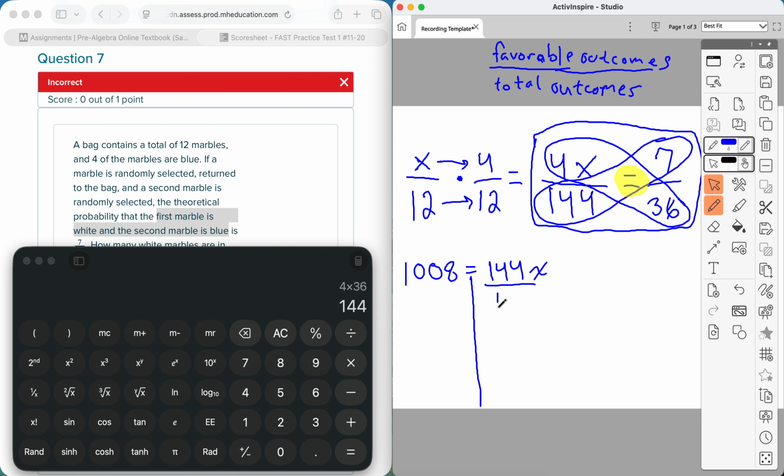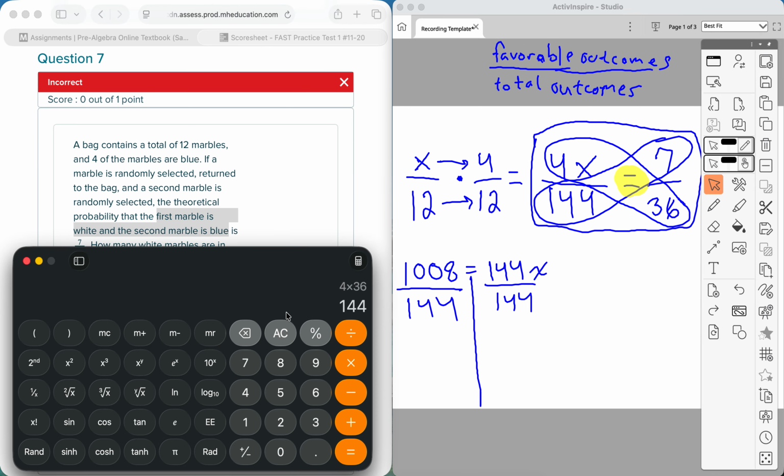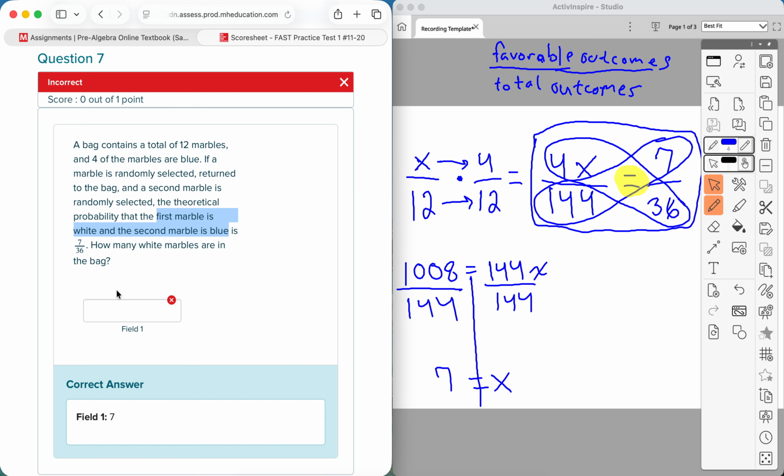We need to divide both sides by the coefficient, which is 144. 1008 divided by 144 gives us 7. X equals 7. X was the number of white marbles, and that was what they're asking us for. So there's 7 white marbles in the bag.